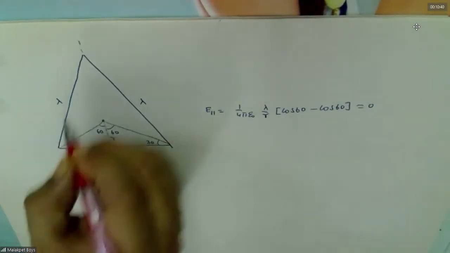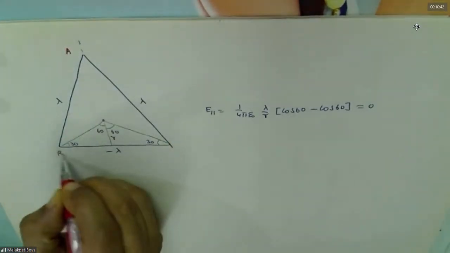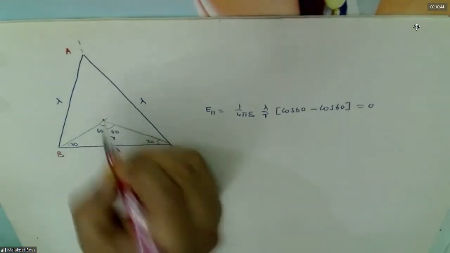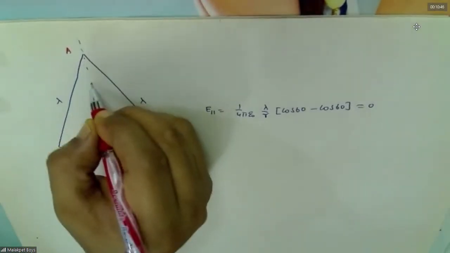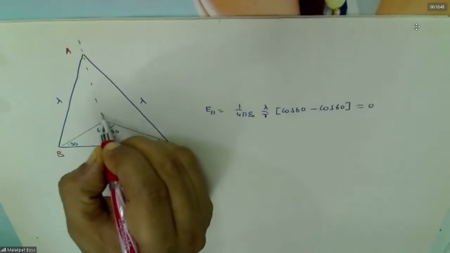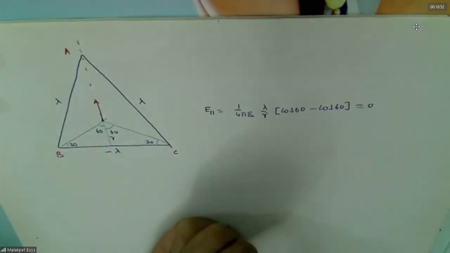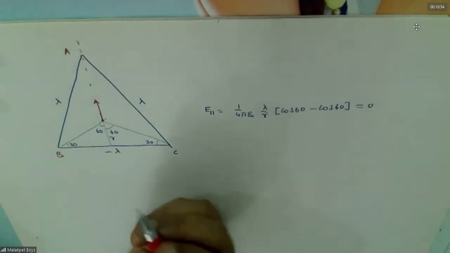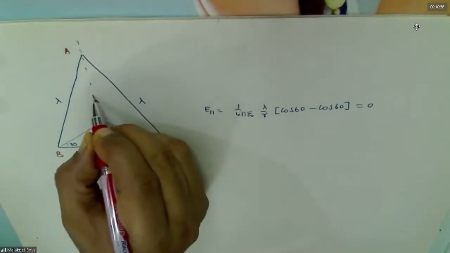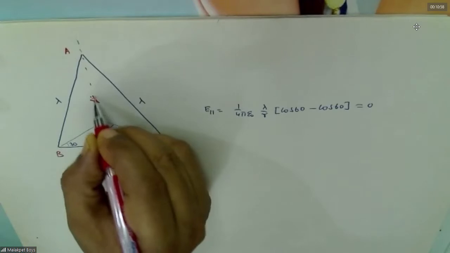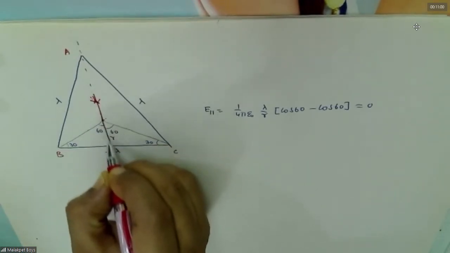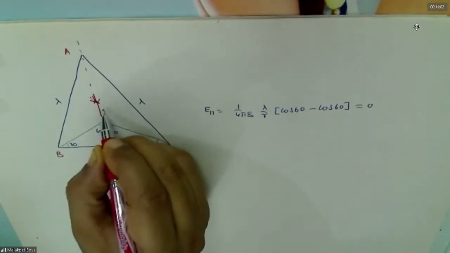So only E perpendicular will be there. Now can you tell, suppose this is ABC. Now for this BC, it will be like this only, no? Like this or downwards, can you tell? Downward, sir, because it is negative. Remember, this is negative. This is EBC.